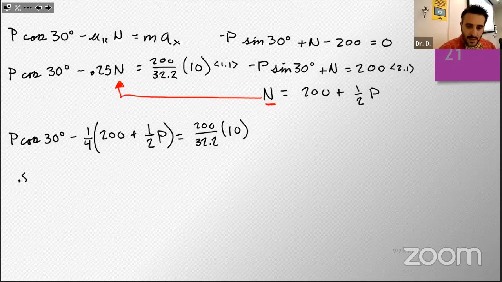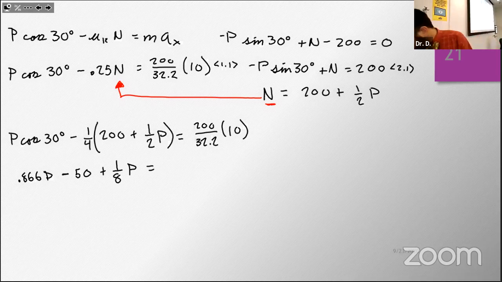All right, so it's 0.866 P minus a quarter of 200, which last time I checked was 50, plus a quarter of a half, which is an eighth of P, is equal to 200 over 32.2 times 10.